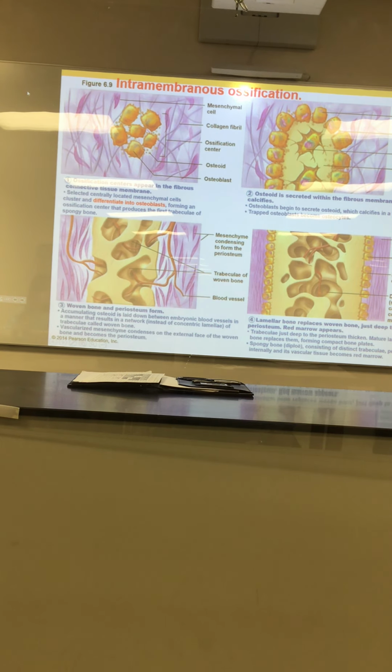In intramembranous ossification, what's going to take place here is there will be a double membrane system, a stack. You'll have ossification begin somewhere in that double membrane stack, and the bone will just grow until it meets the membrane and then spread from that point out.